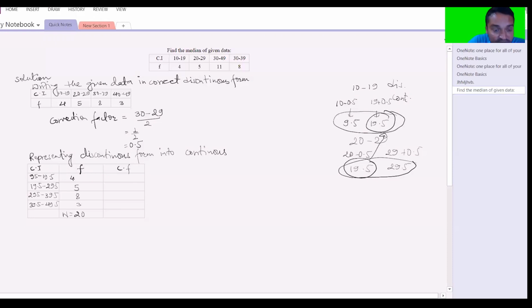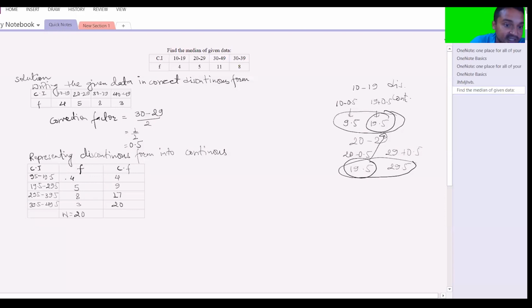Now cumulative frequency means the first frequency as it is, 4 plus 5 is 9, 9 plus 8 is 17, 17 plus 3 is 20. We need to keep one thing in mind: the value of this n and this should be the same, otherwise there might be a mistake while doing the addition.